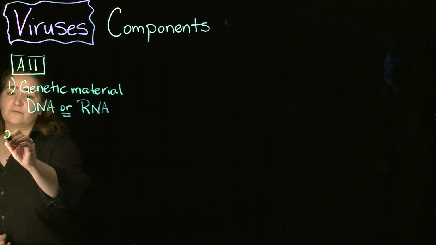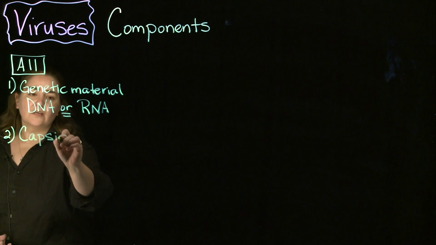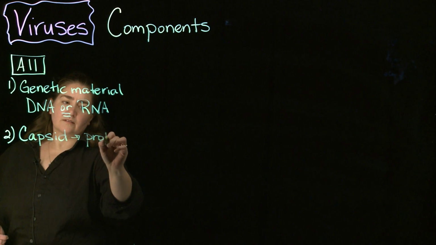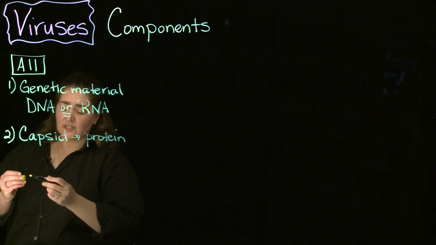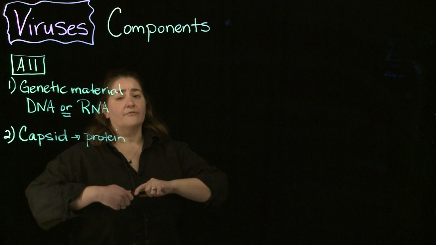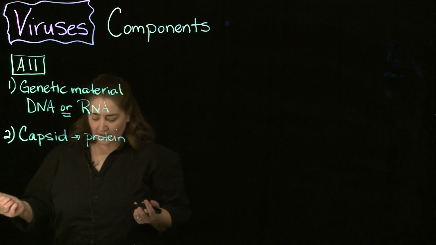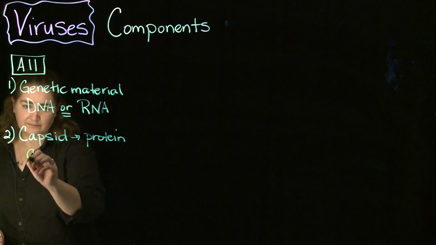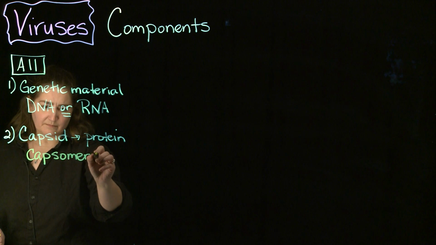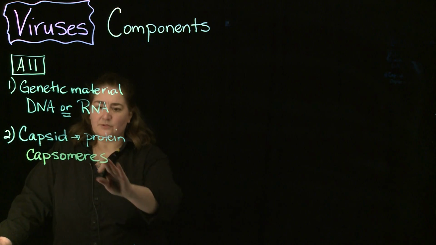The second component is going to be the capsid. And this is going to be the protein component of our viruses. In terms of those capsids, they're made up of capsomers.